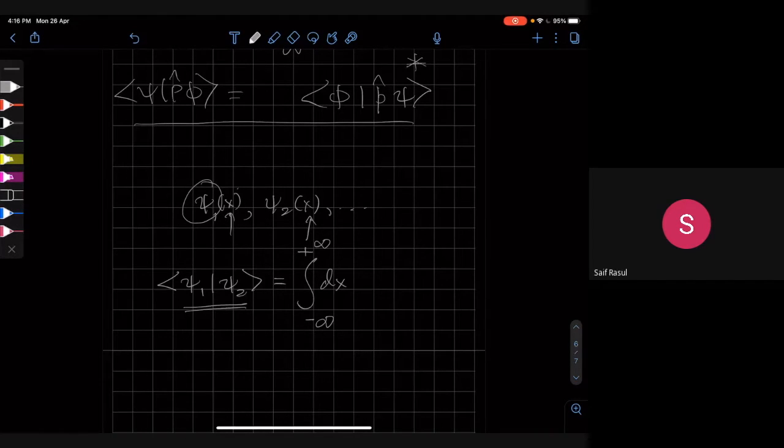This is the inner product of psi1(x) and psi2(x) that we are defining for the Hilbert space. It is the natural inner product in this case because of the Born interpretation.